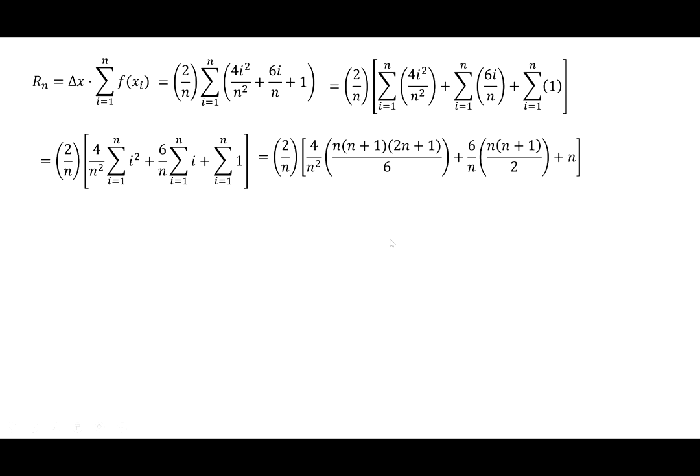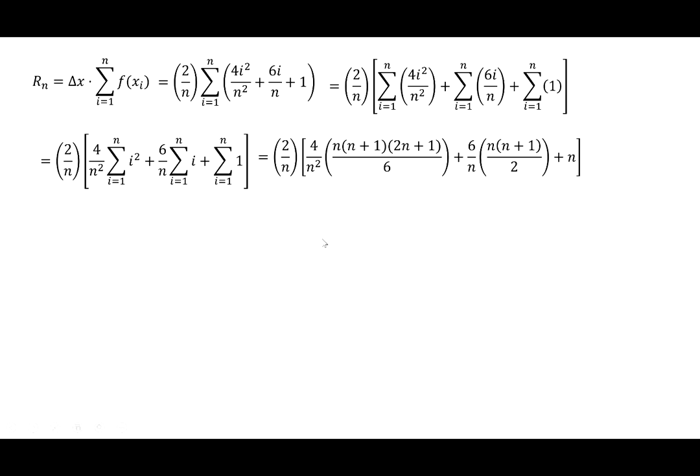So now we better get slightly busy and simplify this. Notice 2 over n must be distributed to all the 3 terms. When you do, would you agree n and n will cancel? Of course, after we take it inside, multiplies.